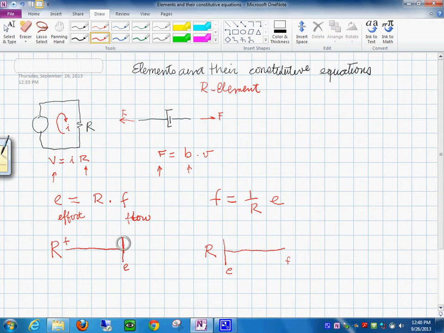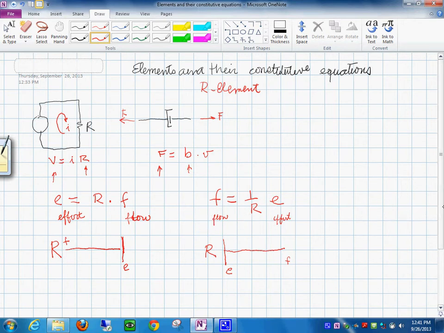Like in this case, the output is E. And in this case, the output is F, because we have this equation. So these are the constitutive equations one way or the other for the R element.